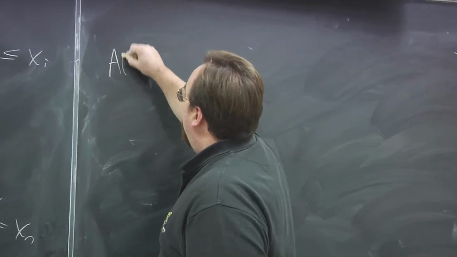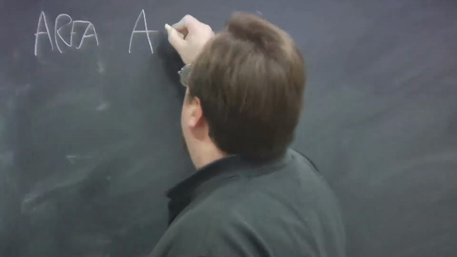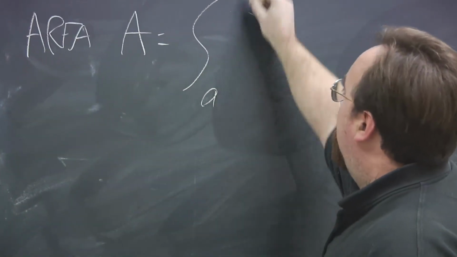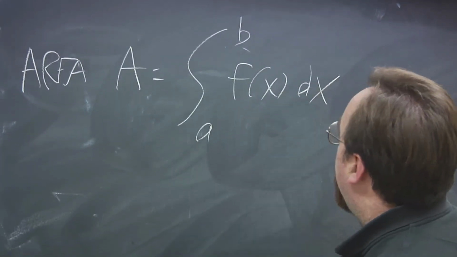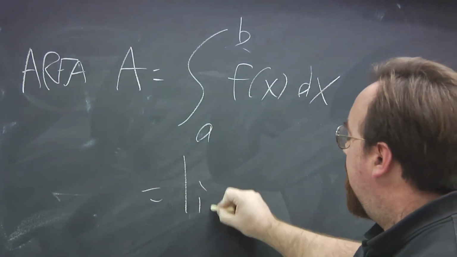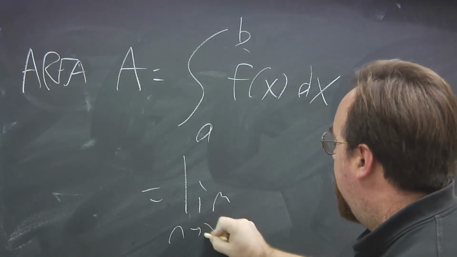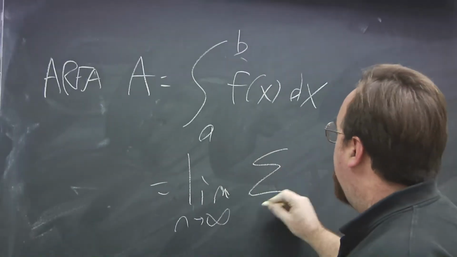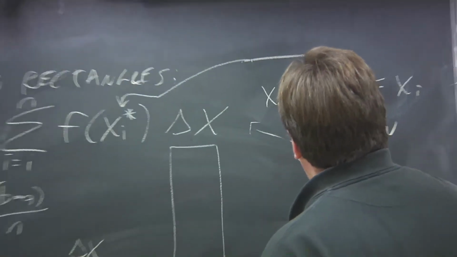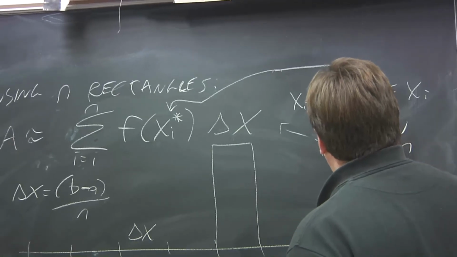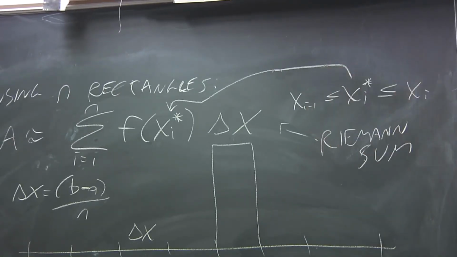So the area, A, is a definite integral of f of x from a to b, which is the limit, as n goes to infinity, of this Riemann sum. Something you're probably hoping you never hear again.